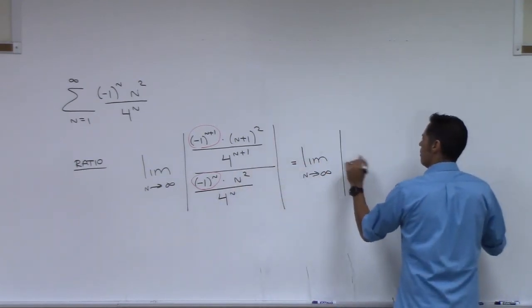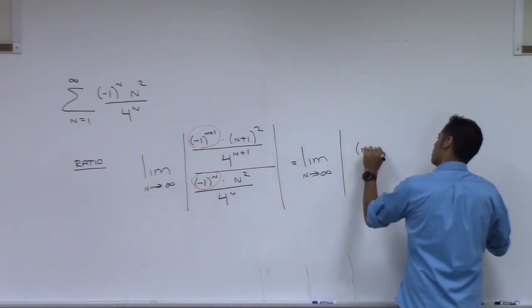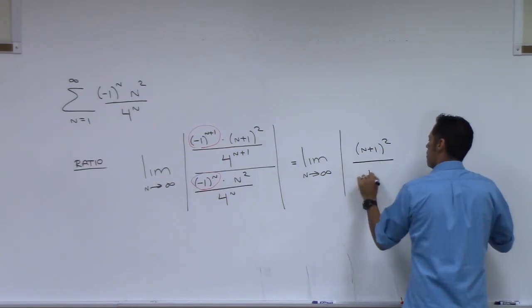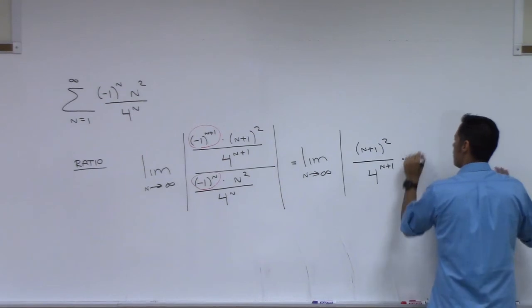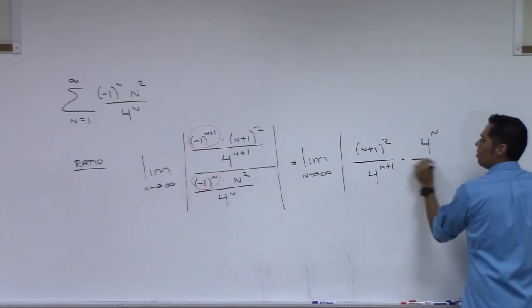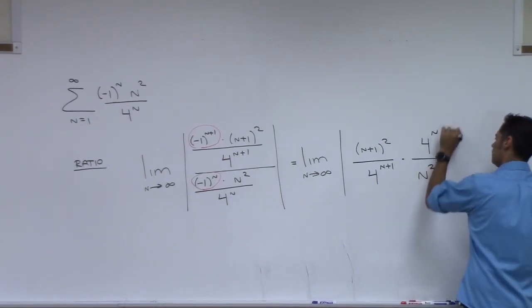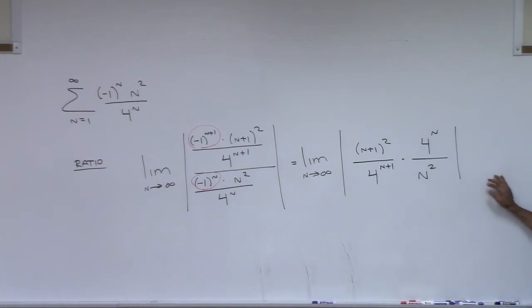So I'm going to do n plus 1 squared over 4 to the n plus 1 times 4 to the n over n squared. Y'all agree? Now what?